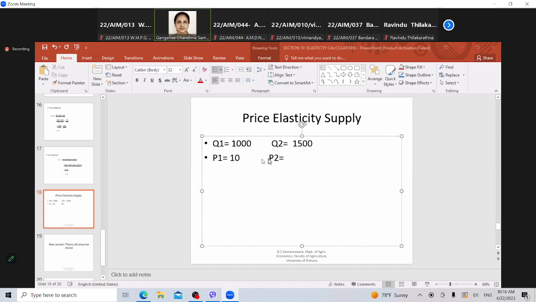Whenever price is more, producers tend to supply more and more. On the other hand, consumers demand less when high prices come. But when high prices come, producers produce more due to that high price. Now understood, Ravindu? Yes, madam.